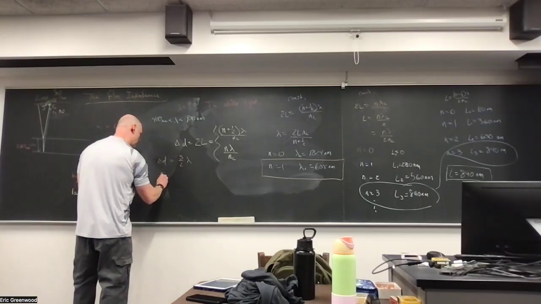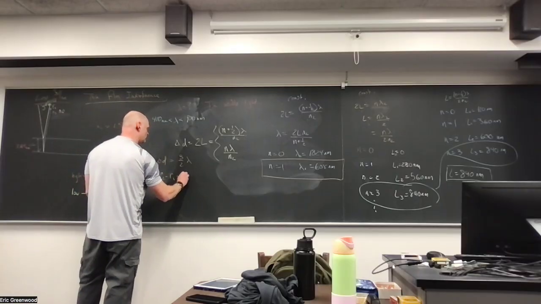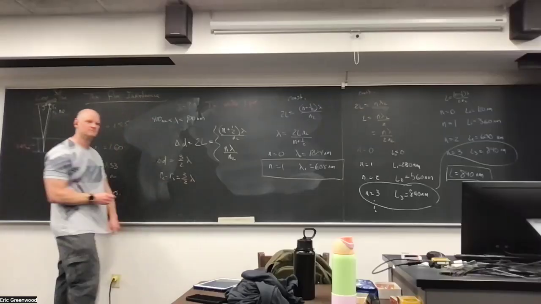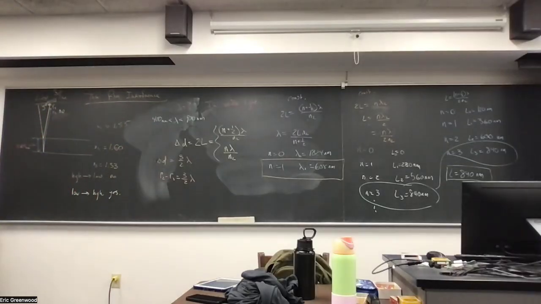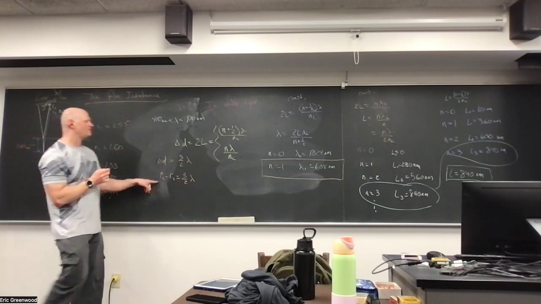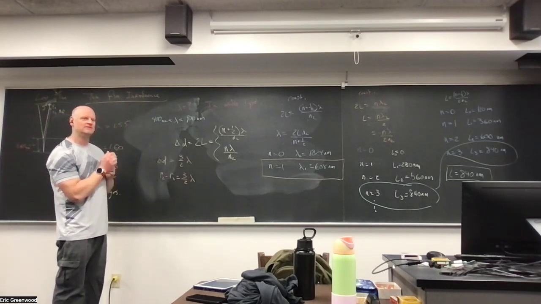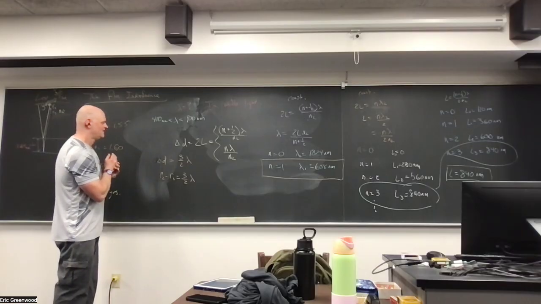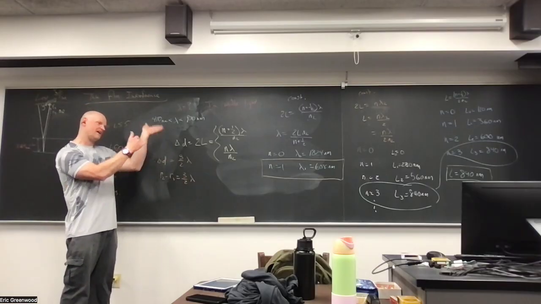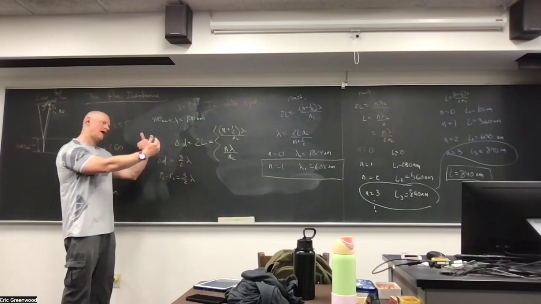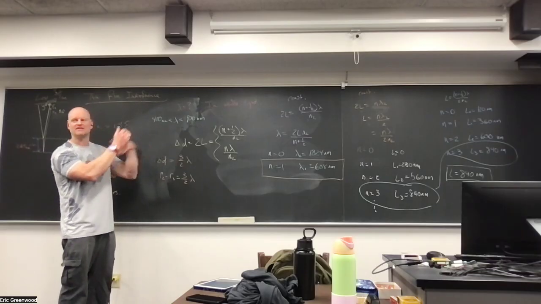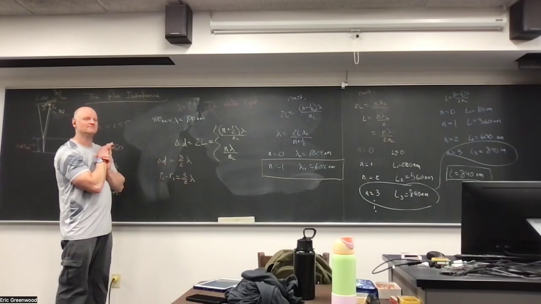So R2 minus R1 would be equal to 3.5 lambda. So the total distance that this one travels versus the other is 3.5 wavelengths in this case. And that half is there because they're out of phase with each other. So it has to move an extra half to get in phase to give me constructive interference.